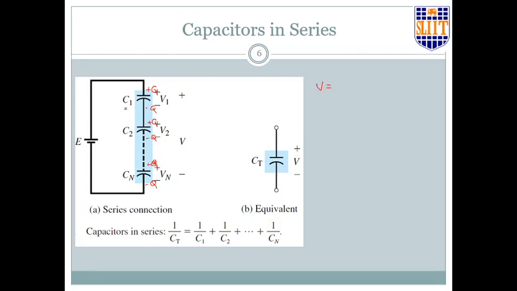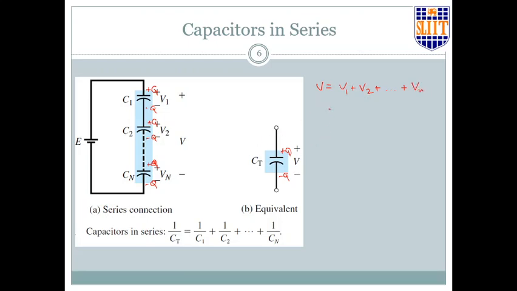This end has plus Q, this end has minus Q, so the equivalent capacitance also has a charge Q, and each capacitor has a charge of Q. So for voltage, V is equal to V1 plus V2. Let's write it for only two capacitors, or even extend that to Vn, there is no harm in that.